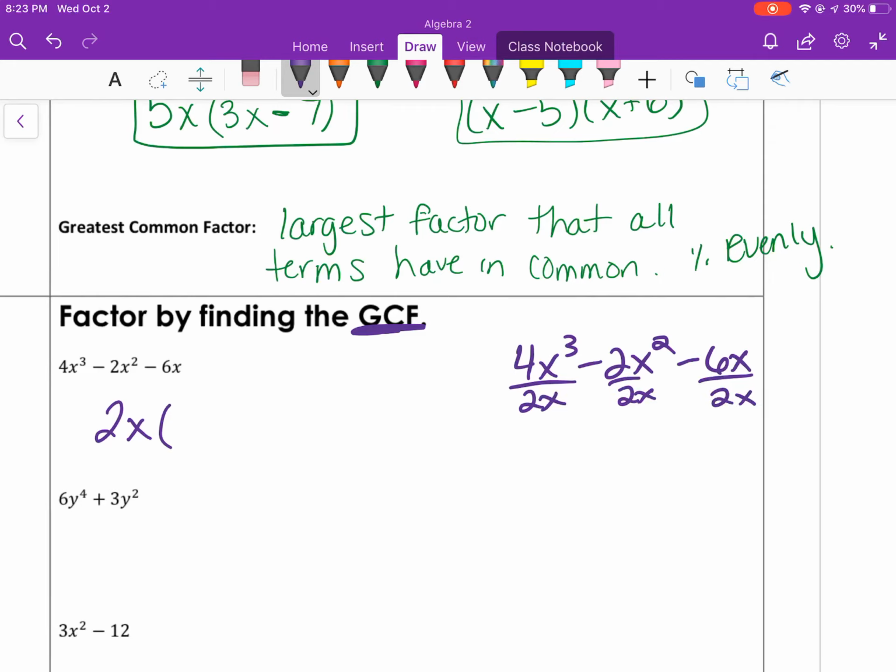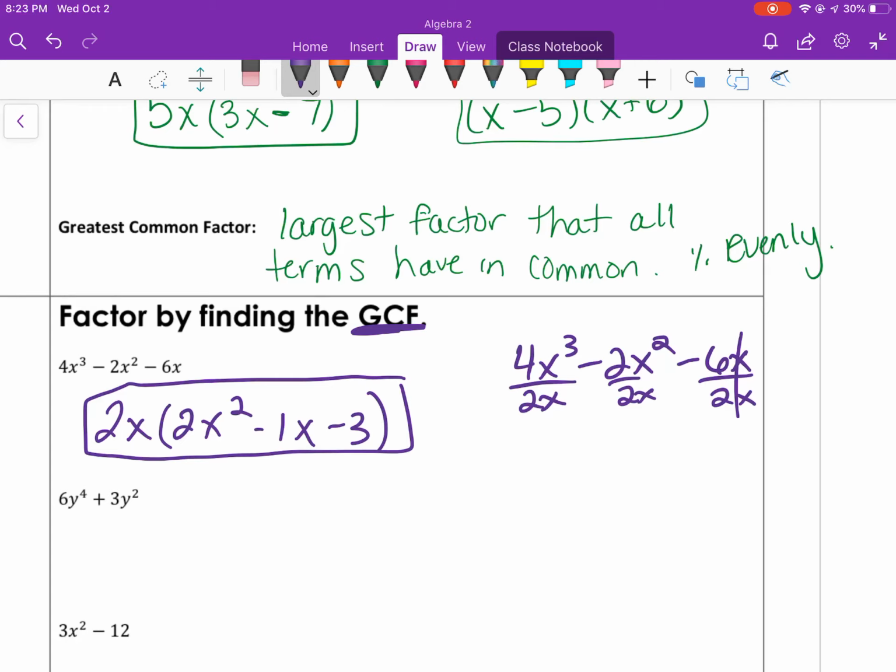So then you can reduce this and you're going to get 2x squared. So you took 1 out, so there's 2 left. Then you're going to get negative 1x. There's 2, you took 1 out, there's 1 left. And then you're going to get negative 3, 6 divided by 2. Here you took away all the x's, so that reduces to 1. So it's just 3. You could multiply that back out to check your answer as well.